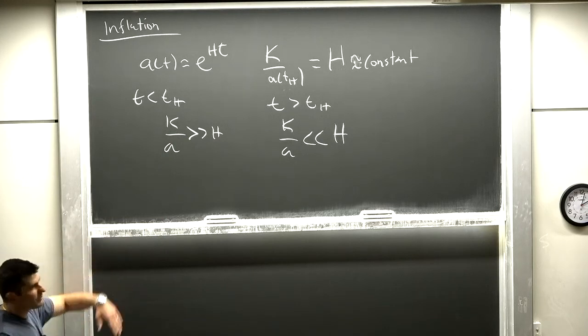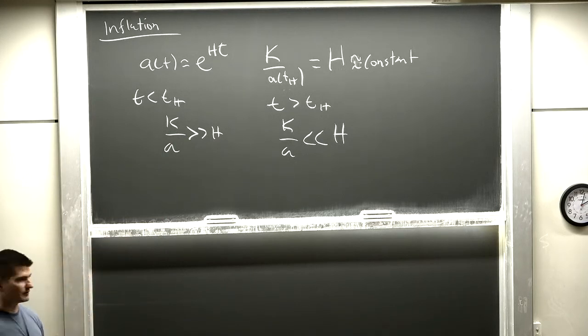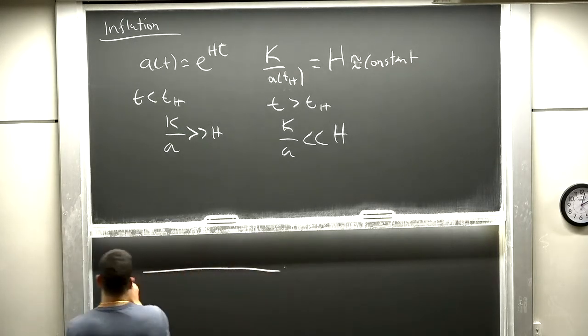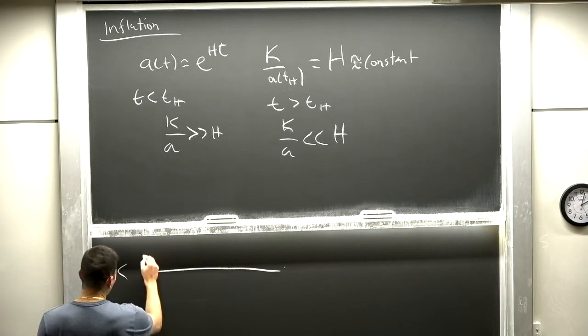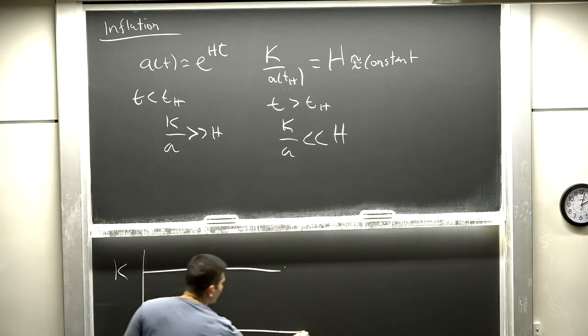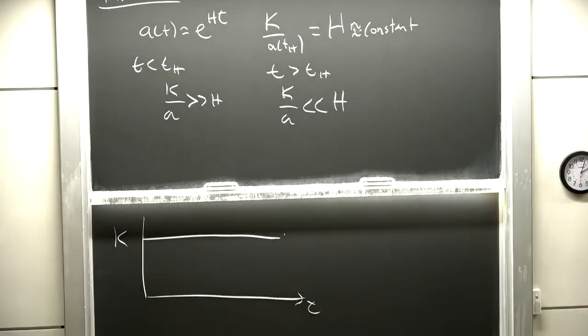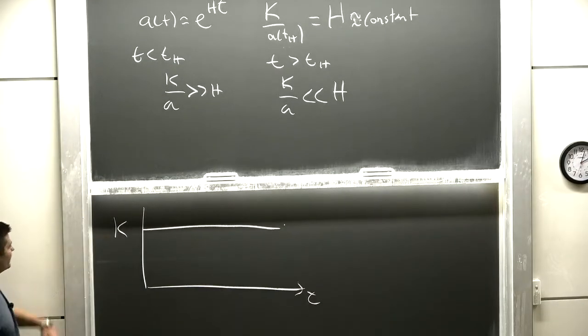And then later, when the universe reheats, they can come back again. So the picture goes something like this. k is a constant, because the universe has translation invariance on these slices.